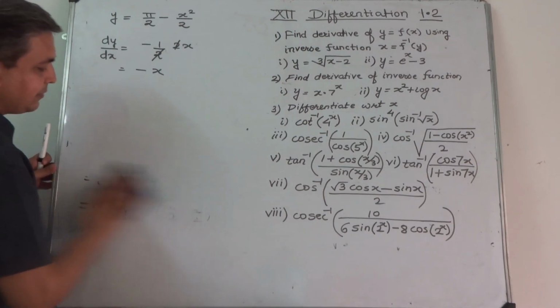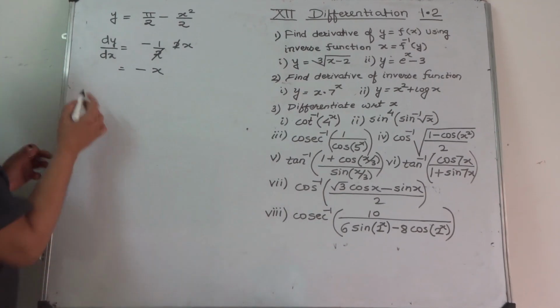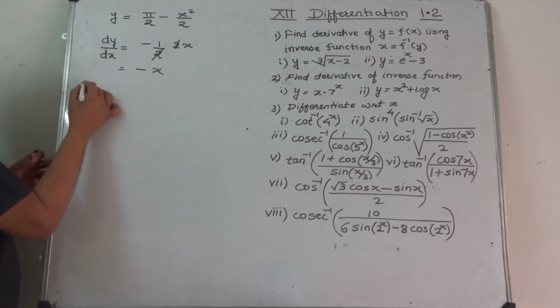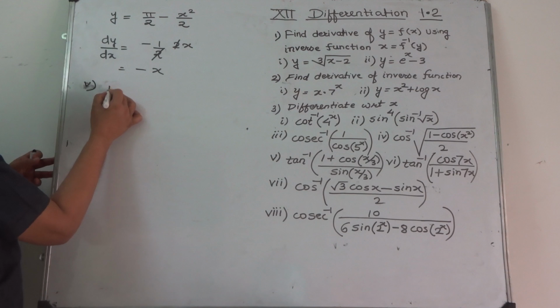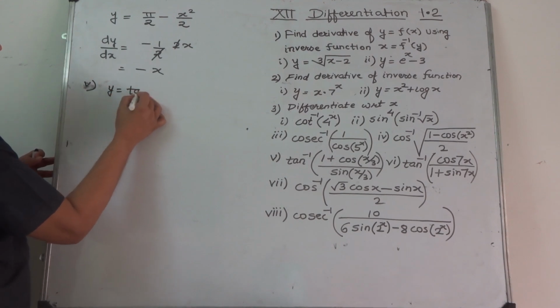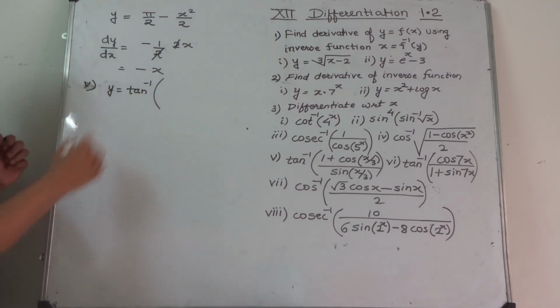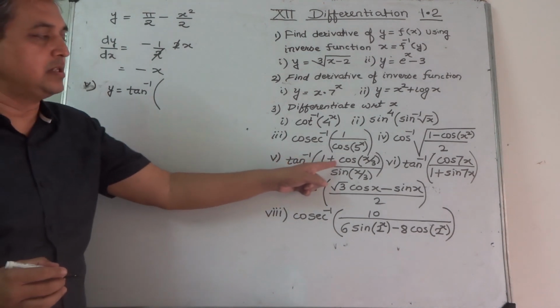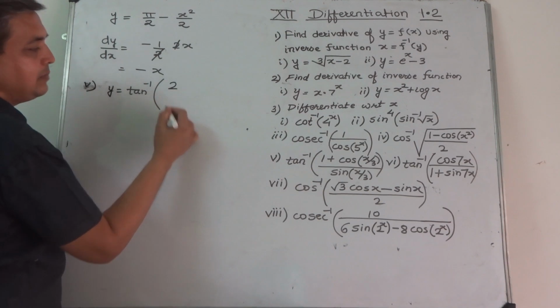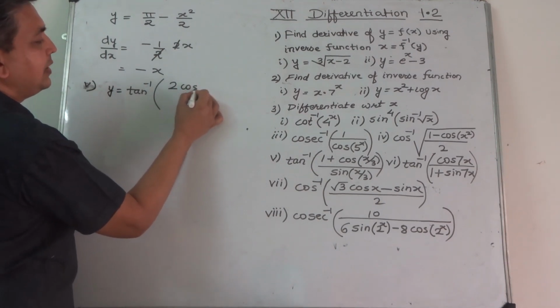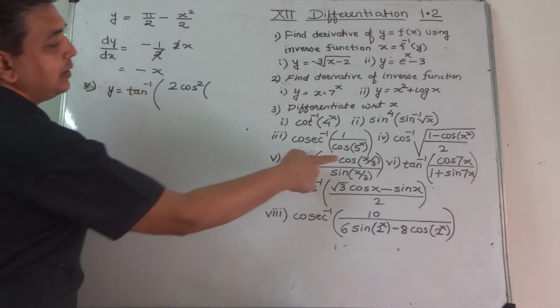Let us start question number 5. Tan inverse y equal to, what is it? Again we have to use formulas of trigonometry. 1 plus cos a is 2 times cos square a by 2.